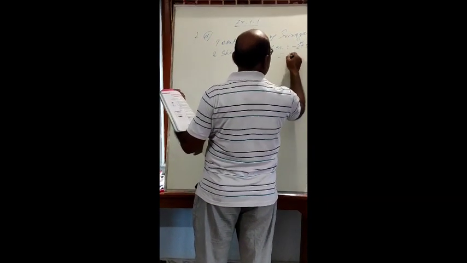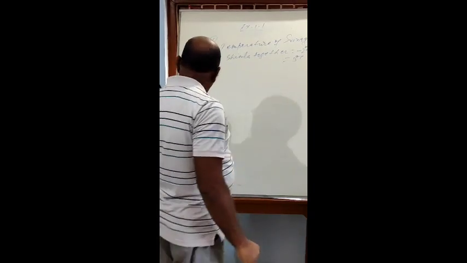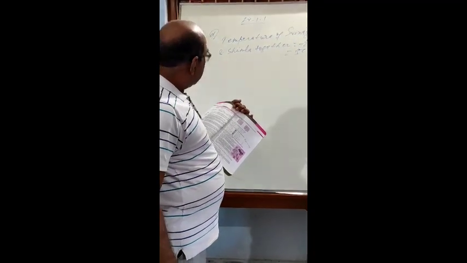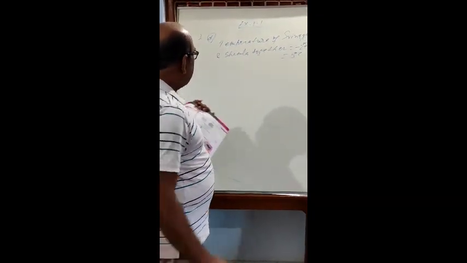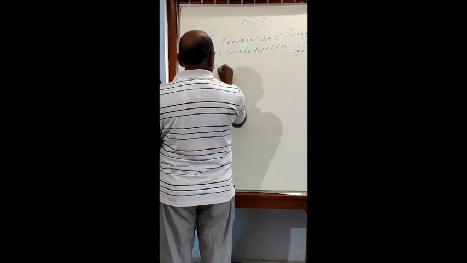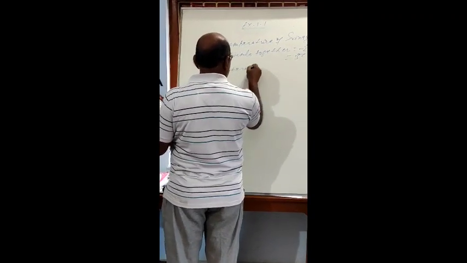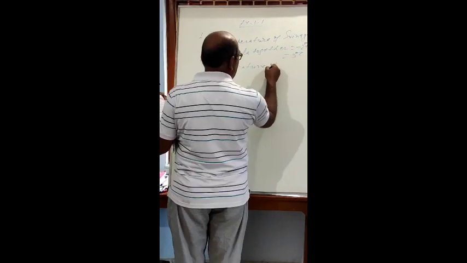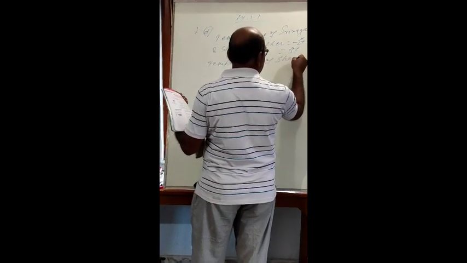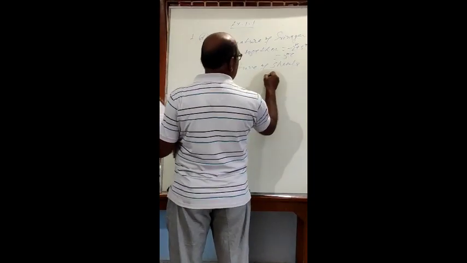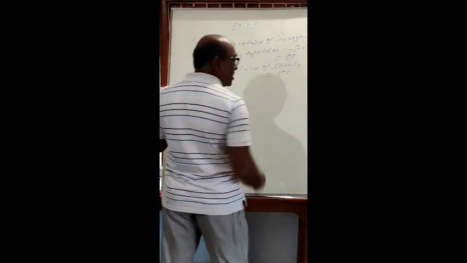This is equal to 3 degree Celsius. And temperature of Shimla is 5 degree Celsius.